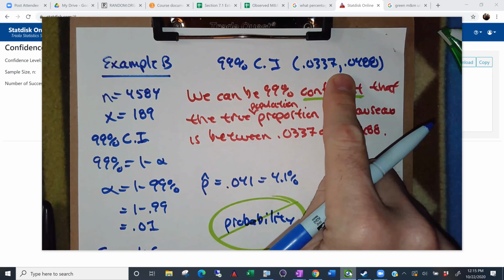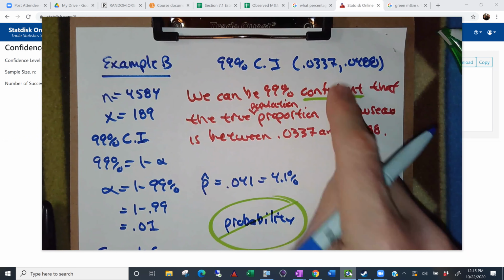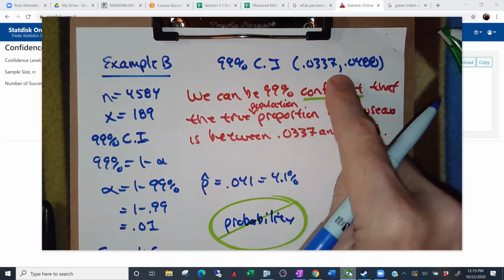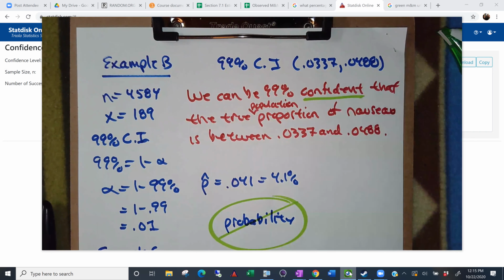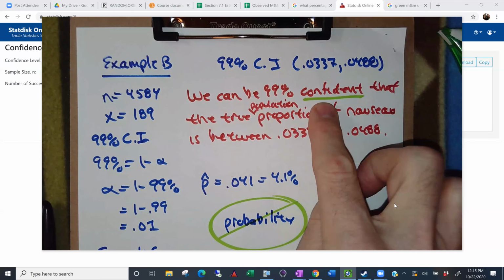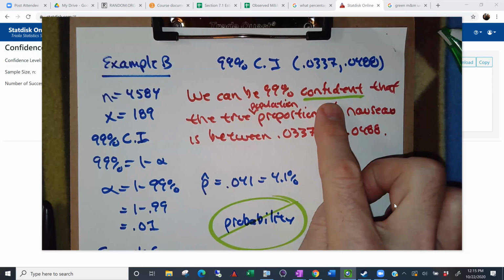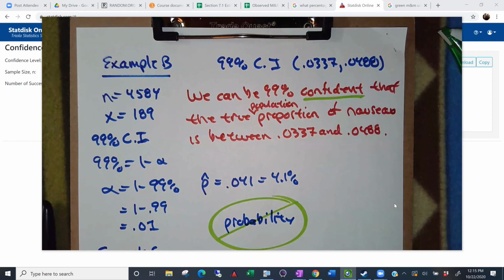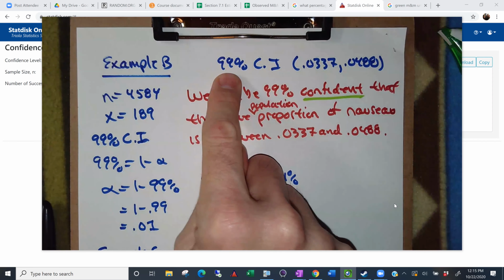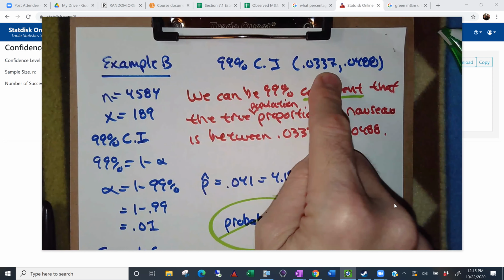This contains the true population proportion or it doesn't. We don't know which, so it's a 0 or 1. So if you want to use the word probability, you have to be really careful. I would suggest you avoid it completely. Just talk about the level of confidence. Now, what that level of confidence means is that it's confidence in our procedure. 99 times out of 100, this procedure will contain the true population proportion.